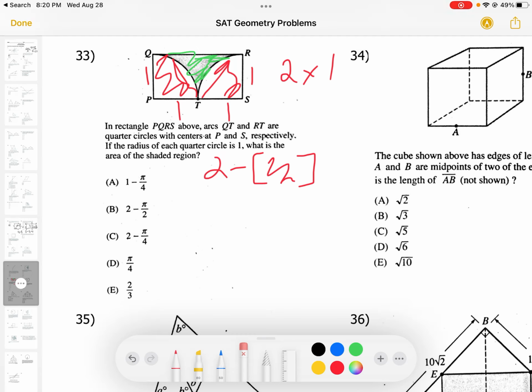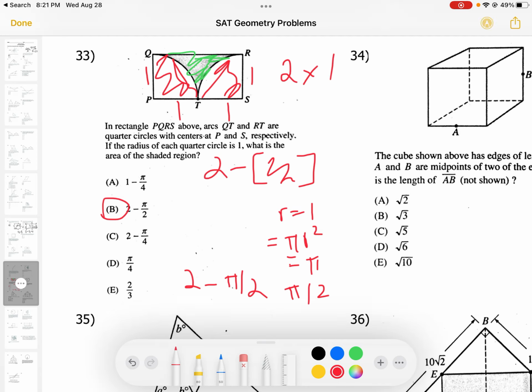Now we know a circle with radius 1 has area pi r squared, or pi. And the area of a semicircle with radius 1 is just pi over 2. So our final answer is just 2 minus pi over 2. And that's choice B. Right? Let's move on.